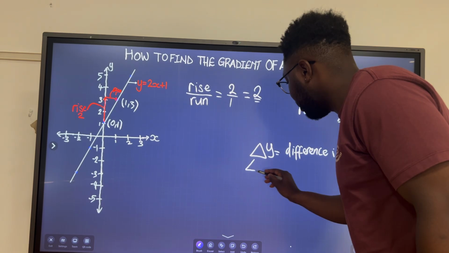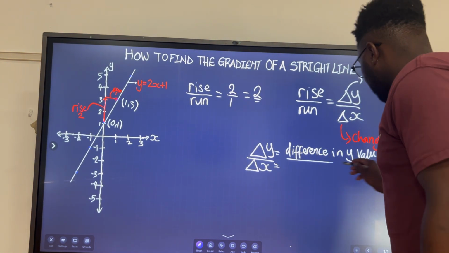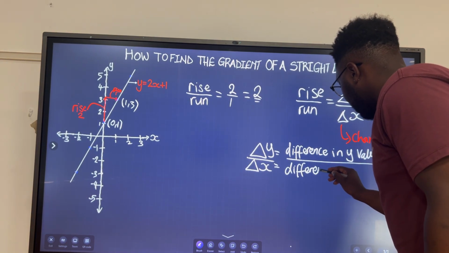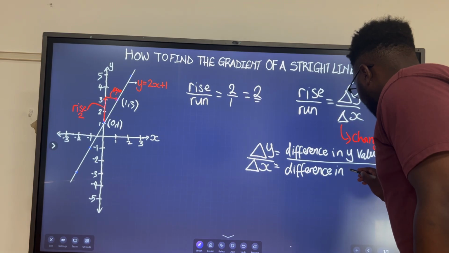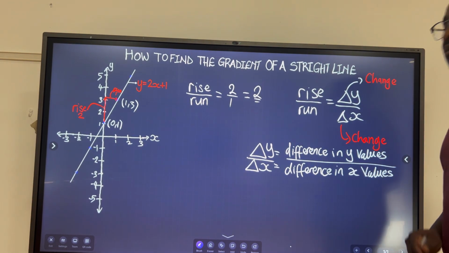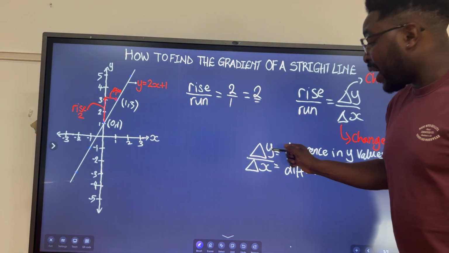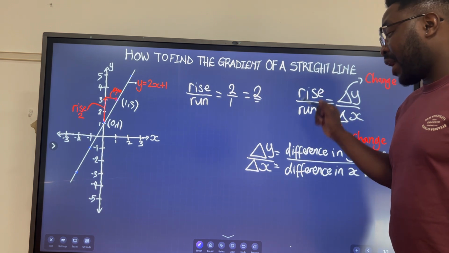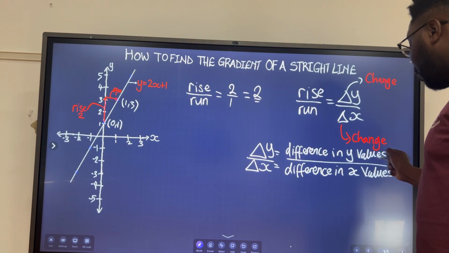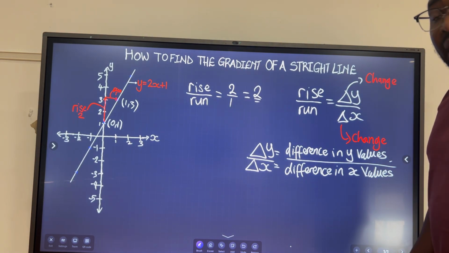And the change in x is the difference in x values. Yes? Okay, so do not forget, change in y is the rise, change in x is the run, and the change in y is the difference in what? Y values. The change in x is the difference in what? In our x values, right?